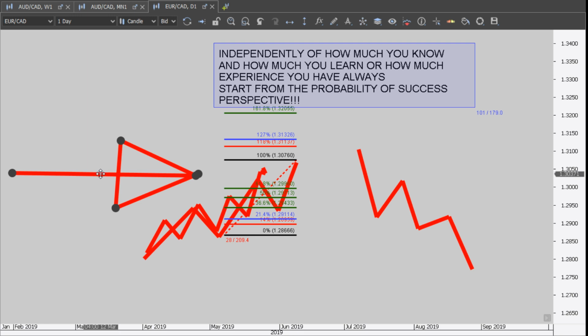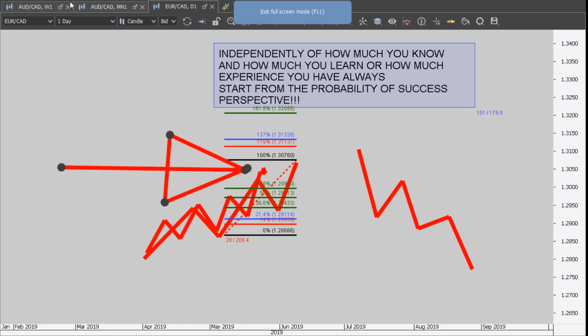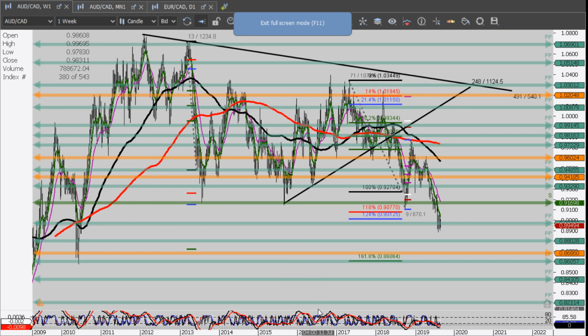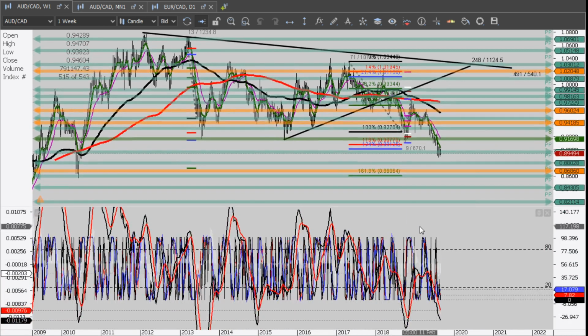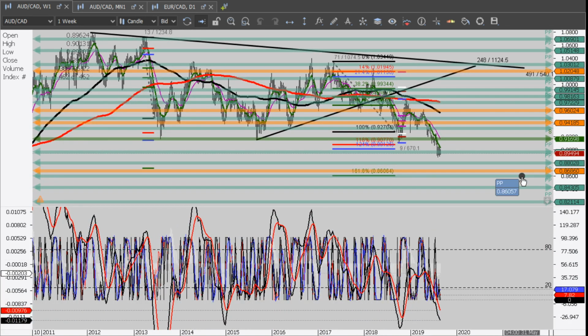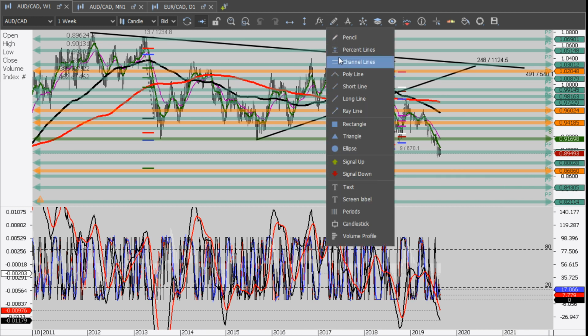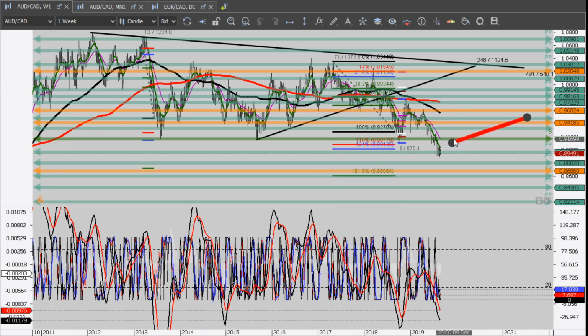But before you enter a trade, do you like this chart, everybody?